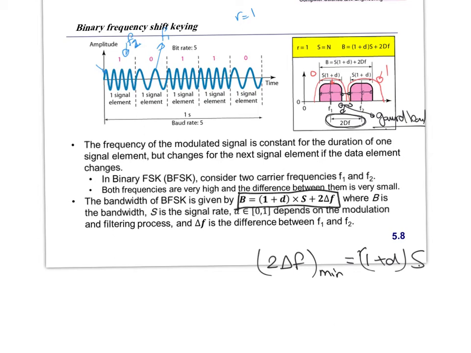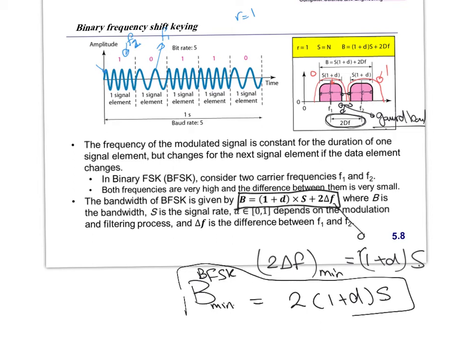So the minimum bandwidth for FSK, or binary FSK, equals 2 times 1 plus D times S, because the 2 delta F here is 1 plus D times S. So this is the minimum bandwidth for FSK, which is double that of ASK.